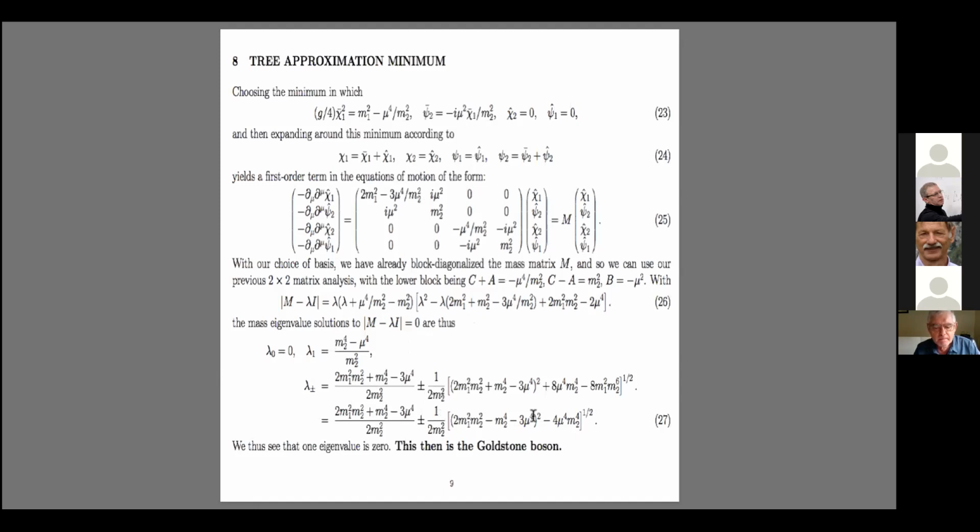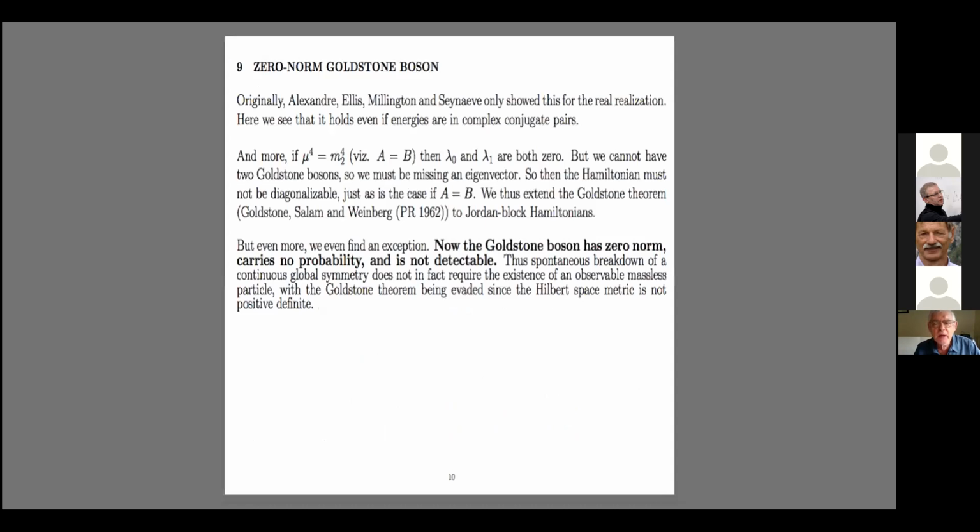Okay. So for the 4 by 4 matrix, 4 eigenvalues, one of them is 0, and that is the Goldstone mode. And so what we discover is that without requiring hermiticity, we have established the Goldstone theorem. And that was the objective of Alexandre and his colleagues, and they were very happy when they showed that.